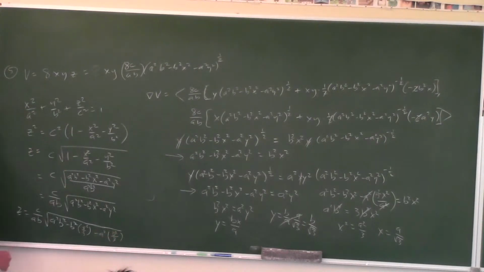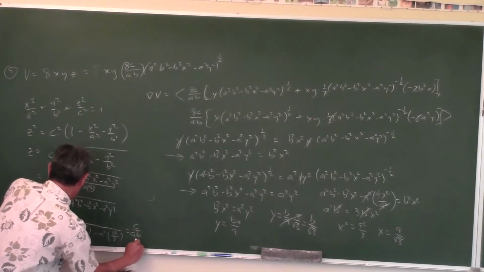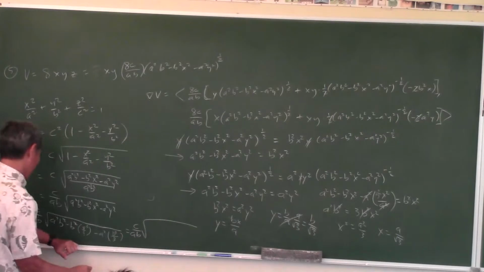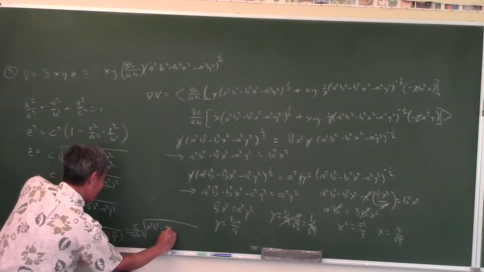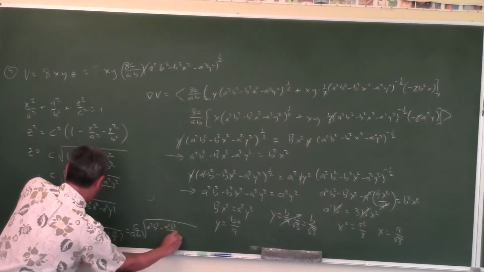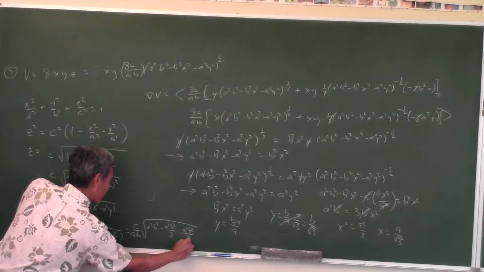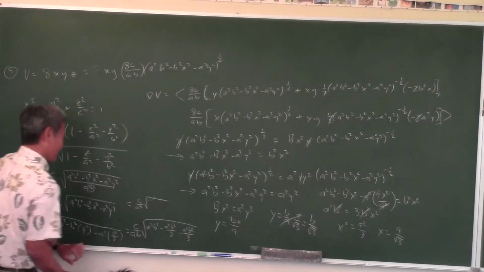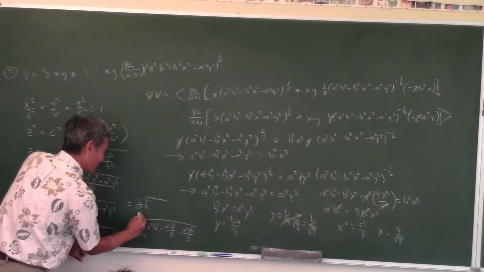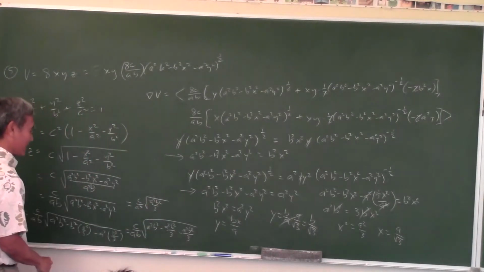Okay, now let's simplify that. C over ab times the square root of a squared b squared minus a squared b squared over 3 minus a squared b squared over 3. So that's equal to c over ab times the square root of a squared b squared over 3.